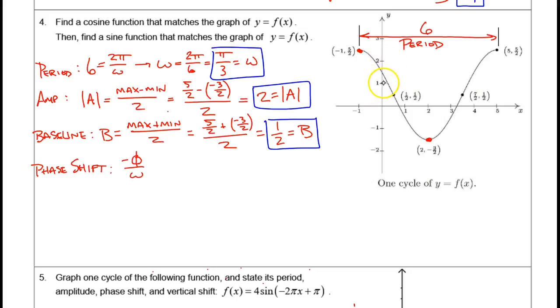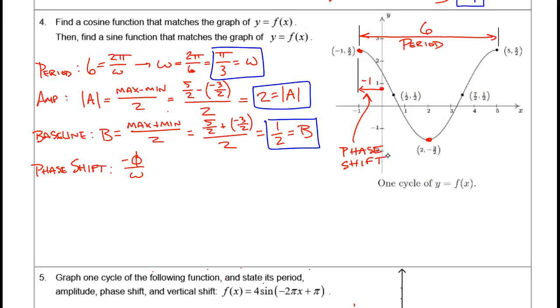Well, we have an amplitude of 2, so it would really be 0, 2, and then it would be shifted up a half unit to 2.5 or 5/2. But we're starting left of that. So this distance right here, and I'm going to go ahead and draw this marker in here, this distance from here to here represents our phase shift. So that's a -1 right there, and that is our phase shift. So we are shifted left 1 unit.